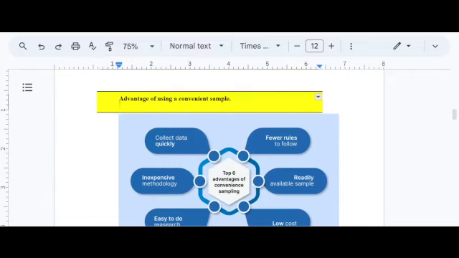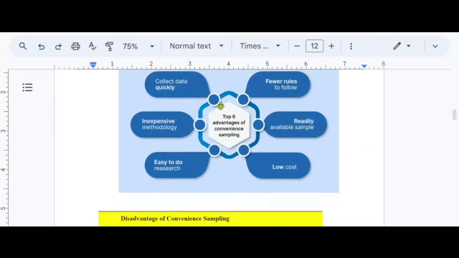I need 2 groups, 1 group of 3 girls to present this in 5 to 7 minutes for next class. For each type, you can say, okay, for example, here, take a look at this. What is the advantage of convenient sample?